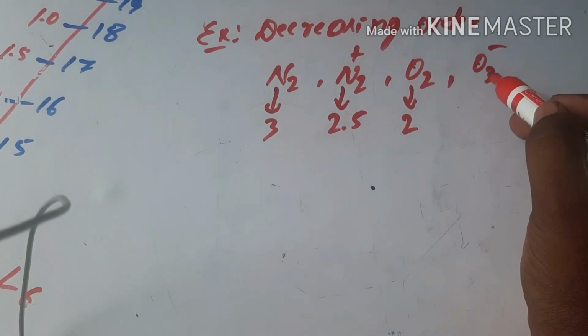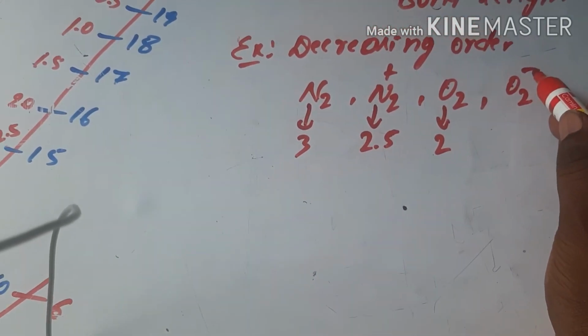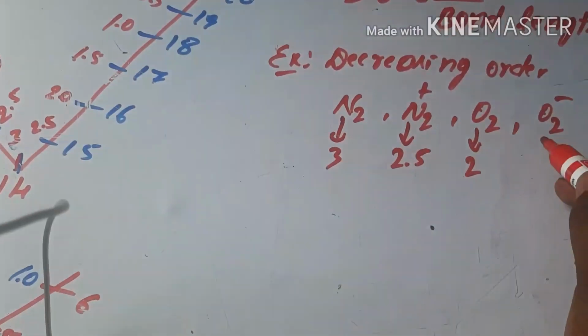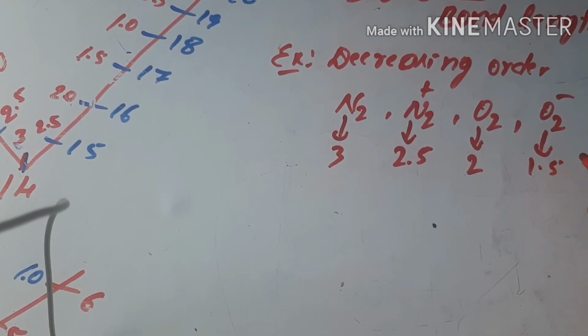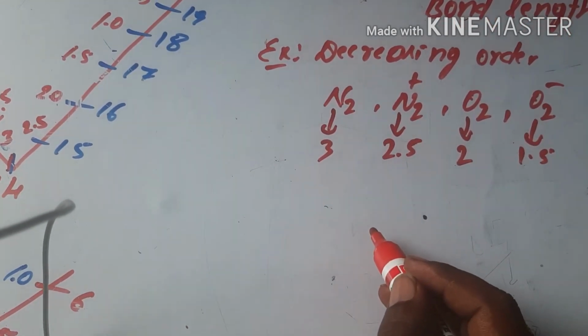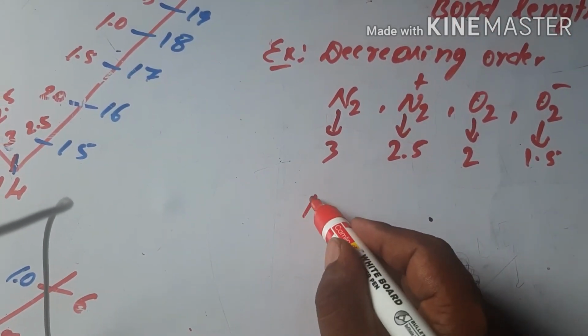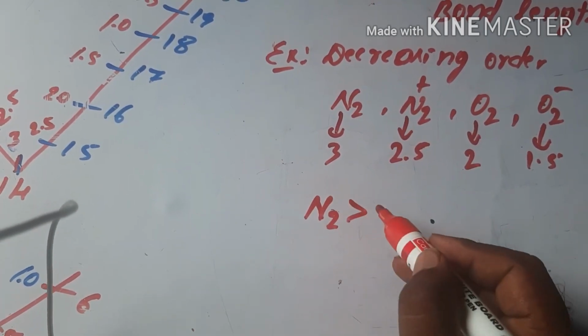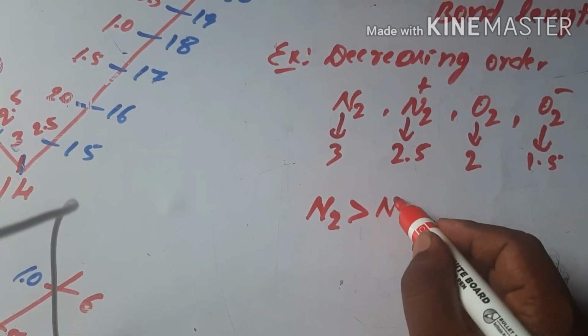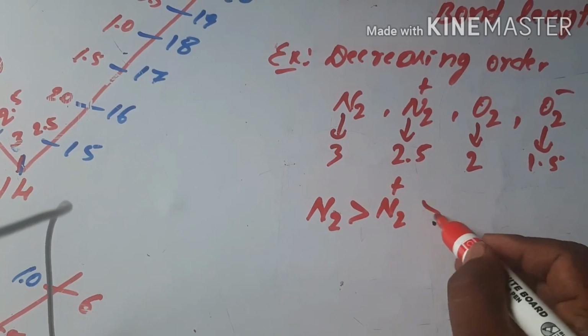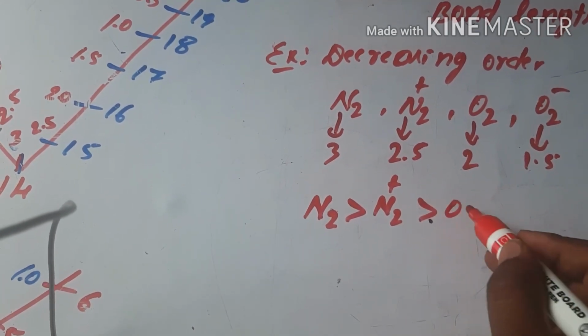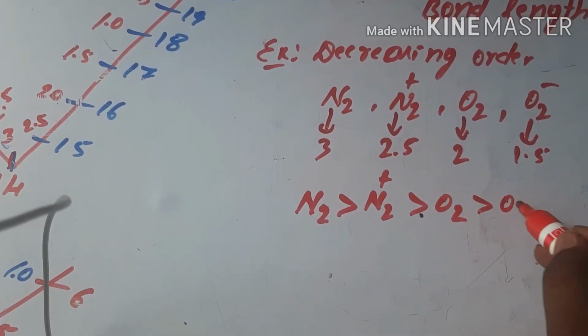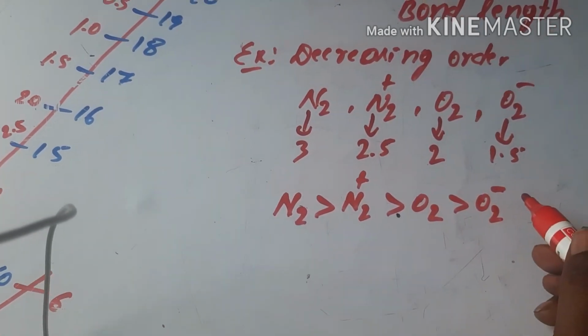And for O2 minus, 16 plus 1, 17, the bond order is 1.5. Then the decreasing order is N2 greater than N2 plus greater than O2 greater than O2 minus.